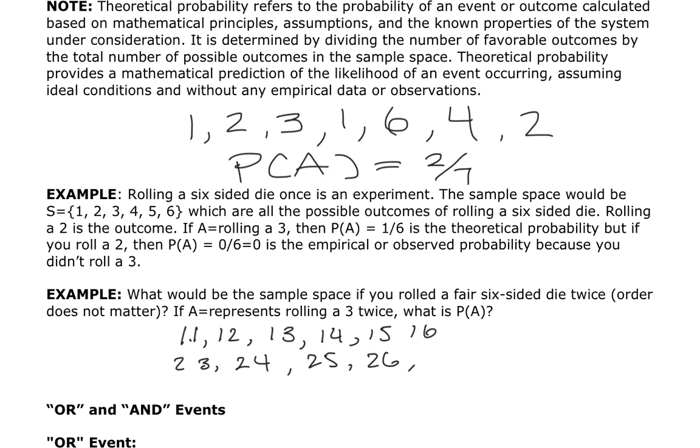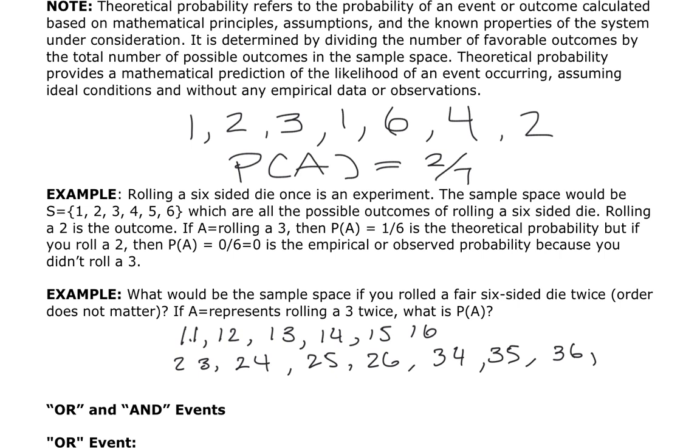And then I'd have exhausted my 2's. So then I'd have my 3's. So 1 and 3 is the same thing as 3 and 1. And then I'd have 2 and 3, which is the same thing as 3 and 2. So then I have a 3, and then a 4, then a 3, then a 5, then a 3, then a 6. So I've exhausted my 3's.